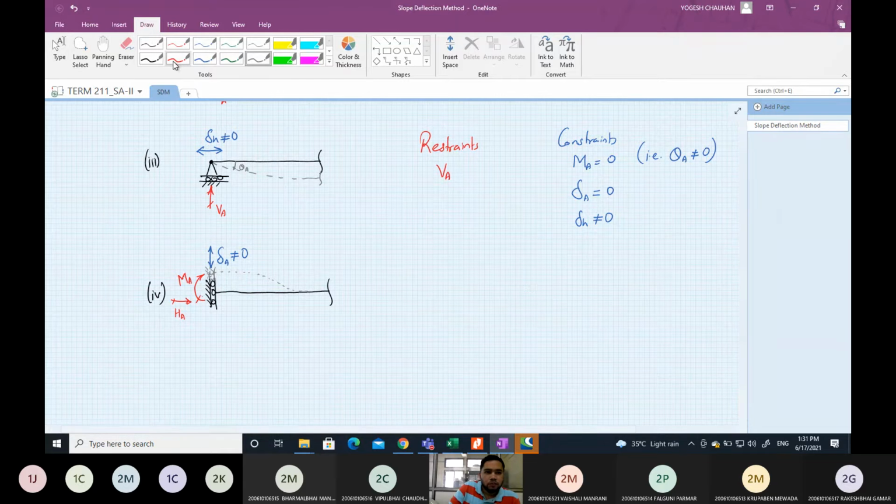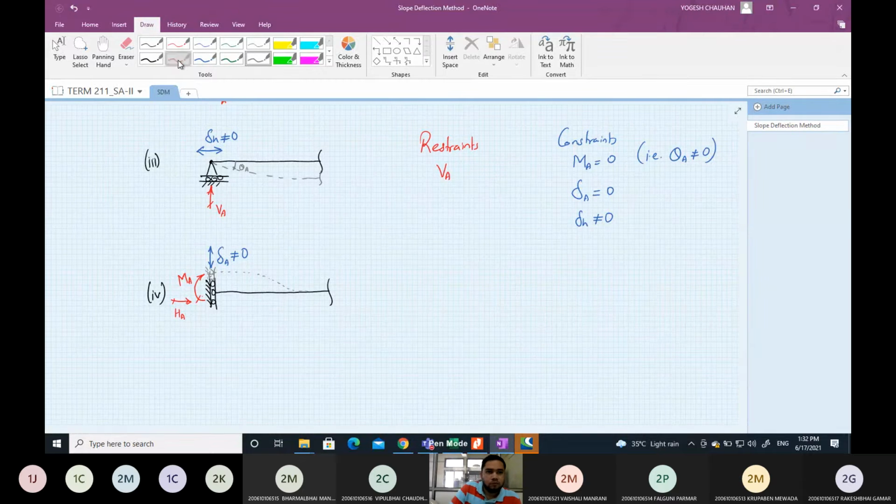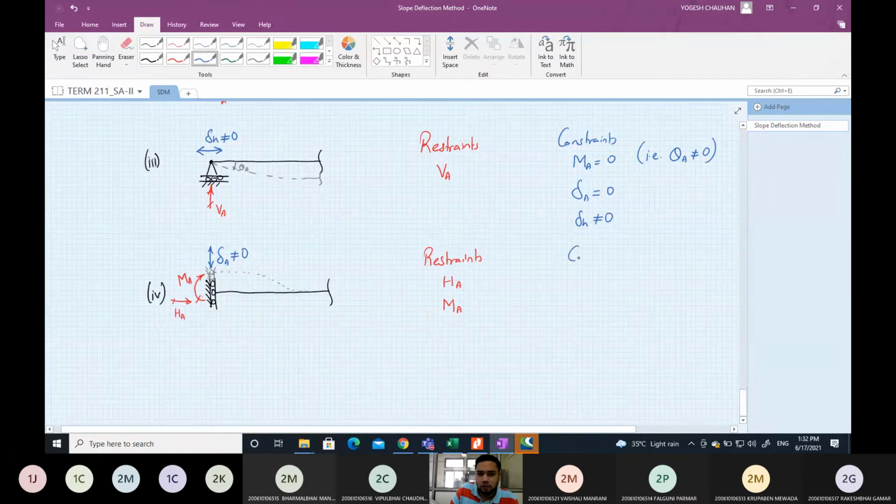So here your restraints will be the horizontal reaction and the moment, whereas the constraint would be this delta A is not zero.